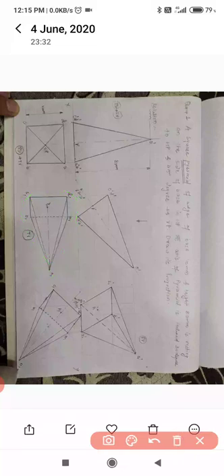Then you have to move this figure, this axis, with this 45 degree. You can easily make this axis with the base 45 degree, as well as this 45 degree to the axis, as well as with the base.